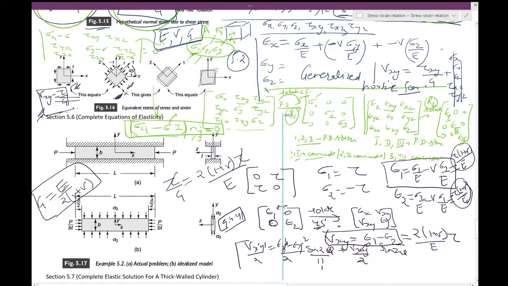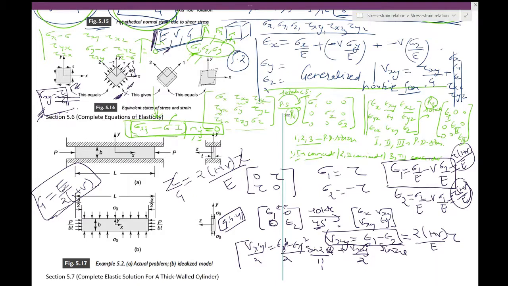So remember we had written the Hooke's law in terms of these three constants E, nu and G, but it seems that they are not independent. So the third one can be written in terms of the first two. So this is the truth about isotropy, that you have only two independent elastic constants.